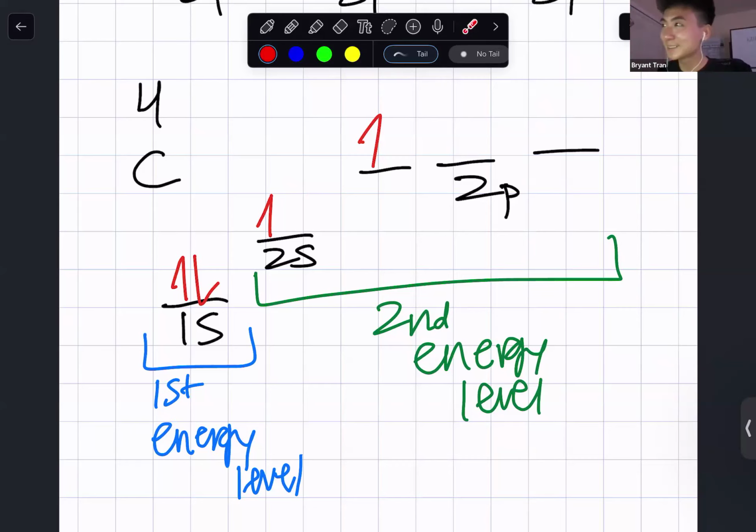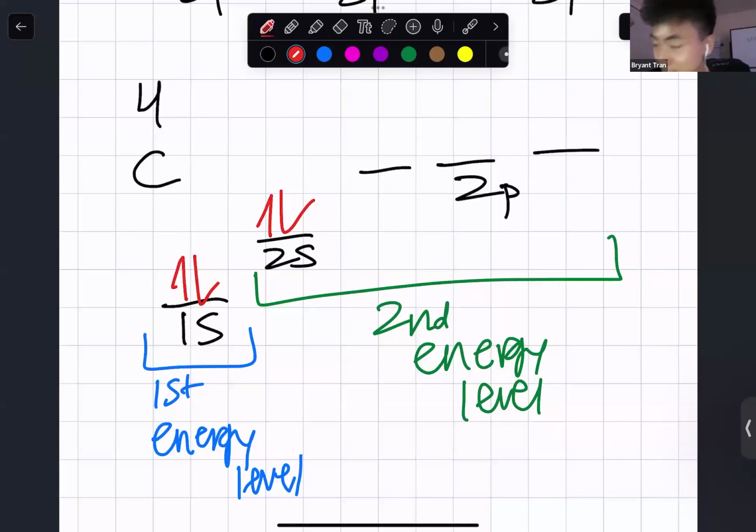Correct. So we fill in the first energy level and then move on to the second, and we fill up one electron at a time, like one here, and the next one would not go here. The next one will go here, and if we had more valence electrons, it will go here, here, and then once that's all full, we fill in the second half, like that.